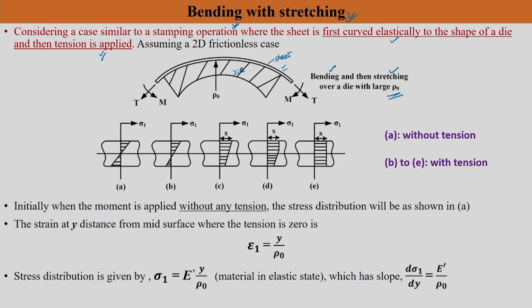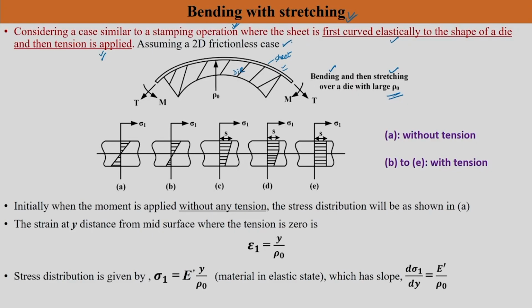So, on that die you are actually clamping it and you are giving a curvature to that sheet, okay. But you are first bending it without providing tension so that the shape is attained, and then you are going to stretch the sheet to get a full shape, and it is a frictionless case. Okay. So, moment is given and tension is given.